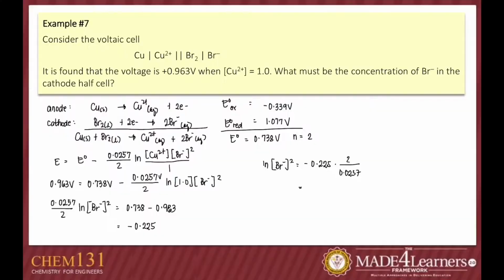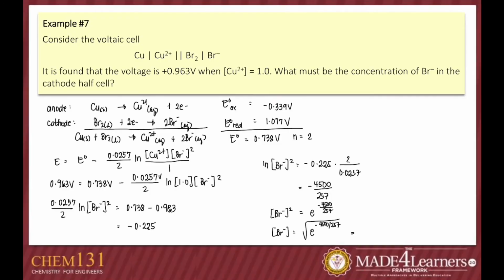And then we convert to exponential form. So bromide squared equals e to the power of negative 4,500 over 257. So it's basically the same thing as what we did in the previous examples, and when we extract the square root.